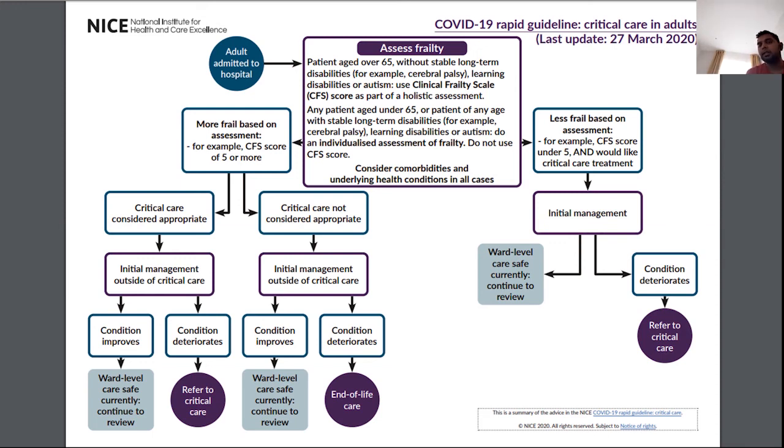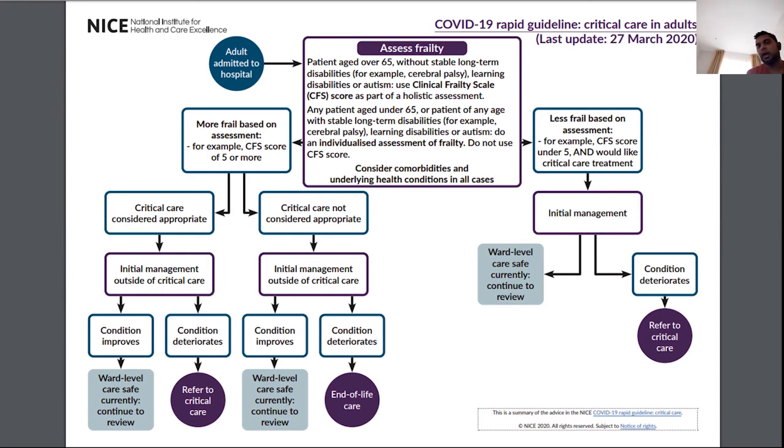And so although the score was being asked to be done, an individual assessment of each patient was always going to be important in assessing their context to whether they should be assessed for critical care or not. And so when it comes to any treatment, it should just be in context with the assessment that you have of your patient.